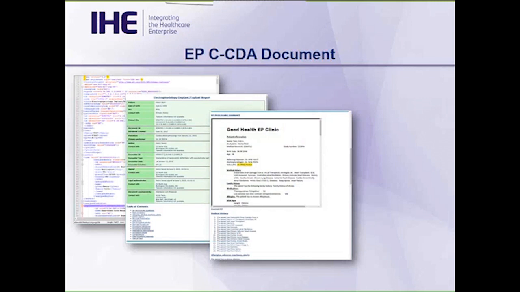But really what we're trying to achieve is to have discrete data elements that are packaged behind the scenes that can be consumed by the EHR, or whoever else needs to consume it, but also be able to be viewed without having to see the ugly XML behind it, because that really is kind of ugly. But we can see that in an EHR, if they just rendered the document, they can see most of the things there, including a packaged PDF of a much more narrative-looking report, which is for Good Health EP Clinic.